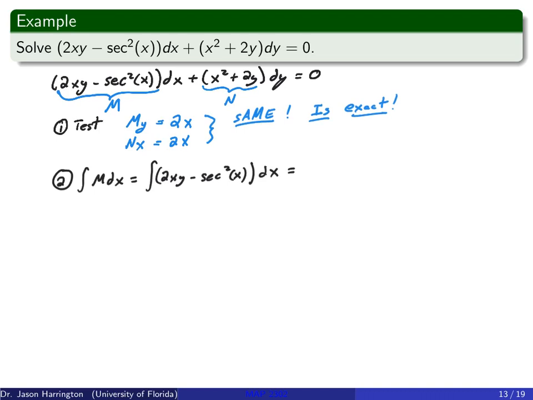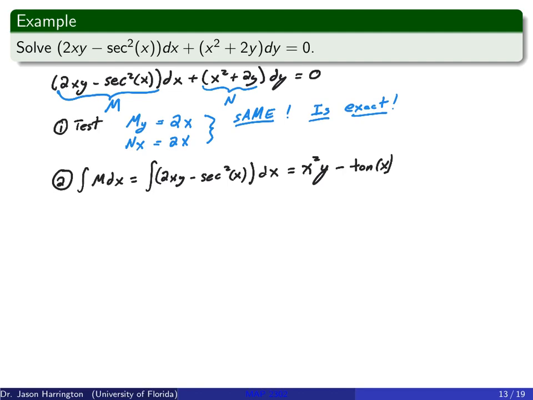And just like before, I'm going to hold the y as a constant, so the antiderivative of 2xy is just x squared y. And then the antiderivative of secant squared is just tangent x. So that's minus tangent x.